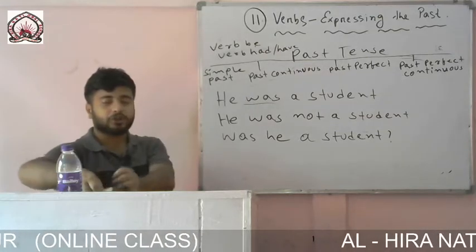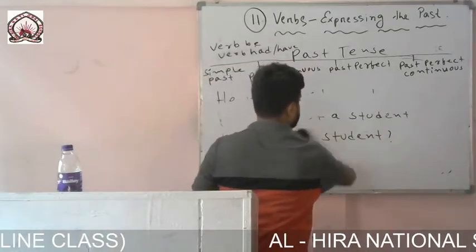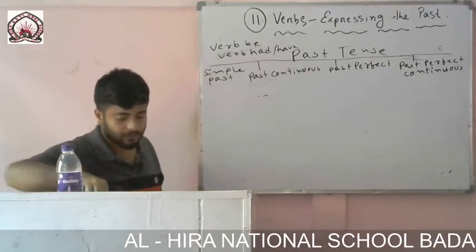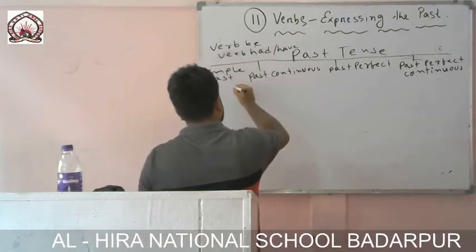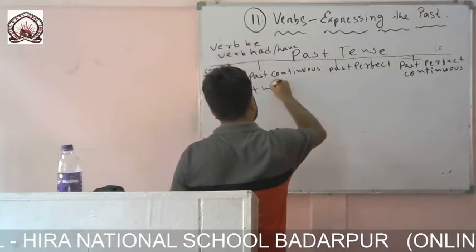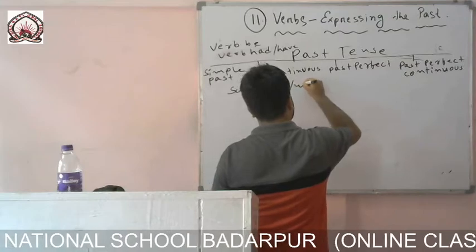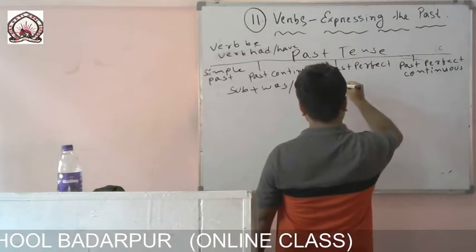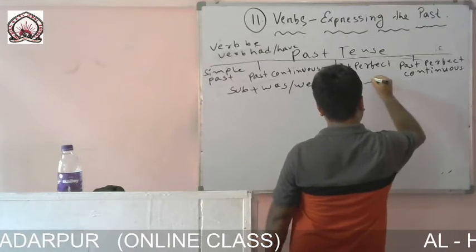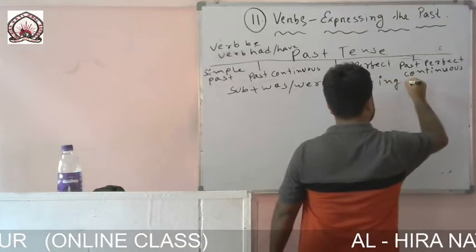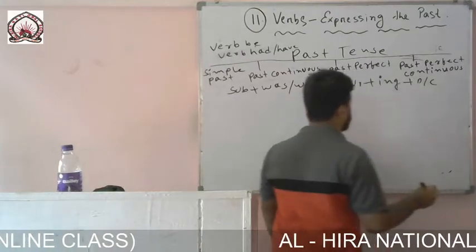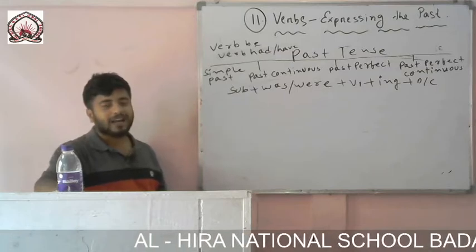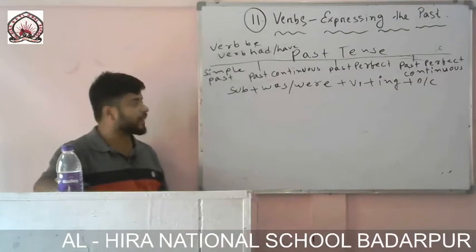The formation of past continuous tense is subject plus was or were plus verb 1 plus ing plus object or complement.